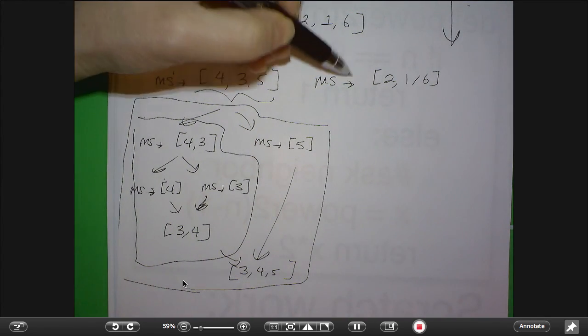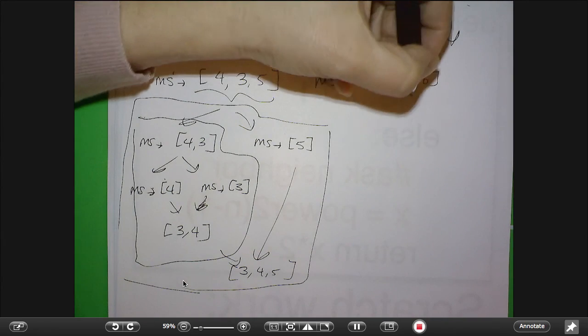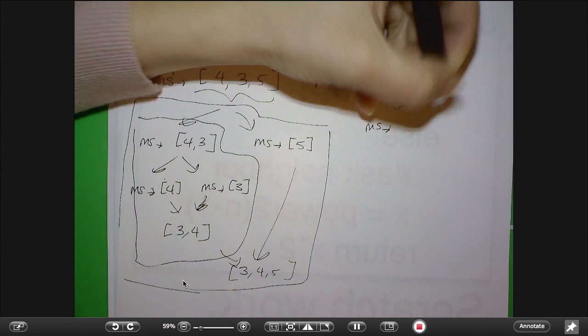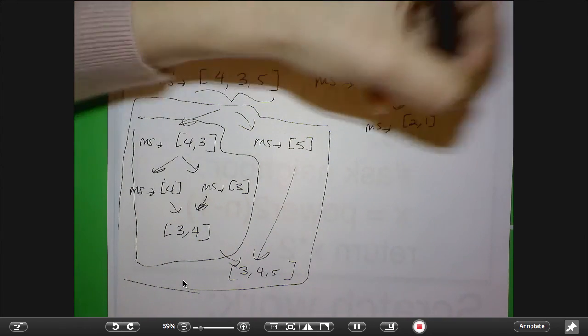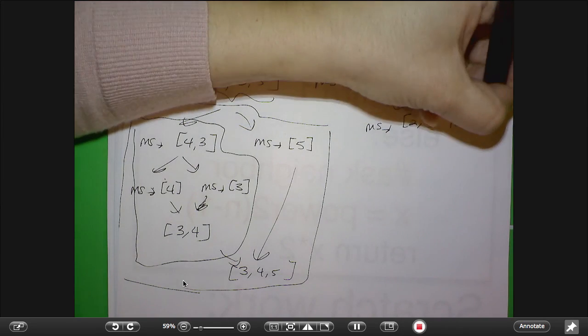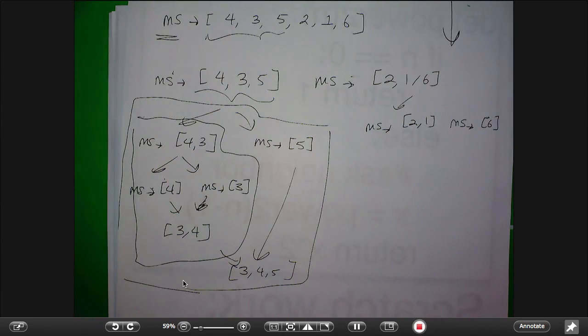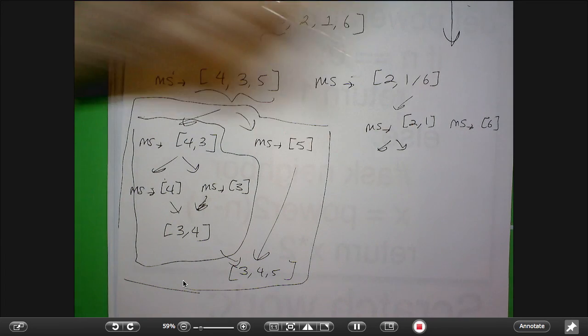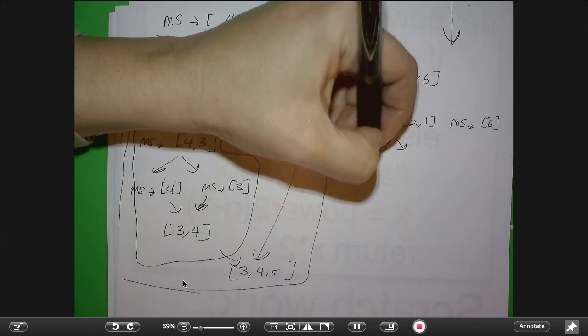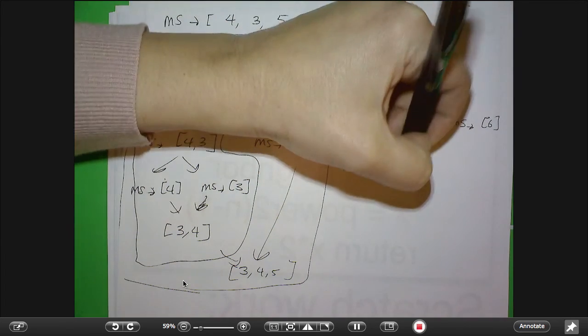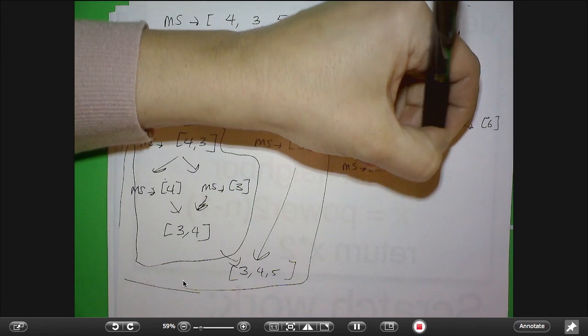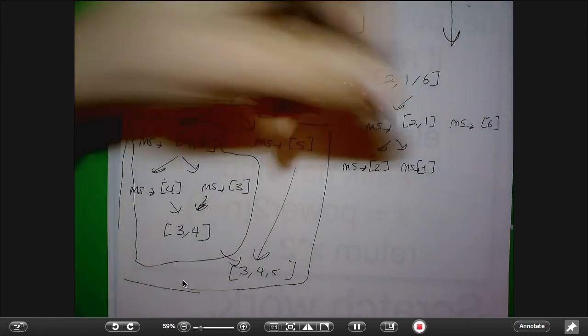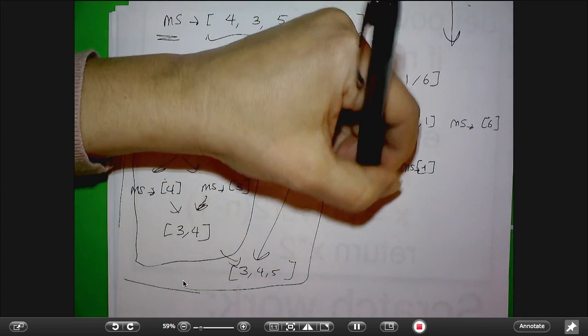Now I'm going to look at this one, because this one will also call merge sort of 2 and 1 and merge sort of 6. This one will again call merge sort of 2 and merge sort of 1. Now this will return 2.